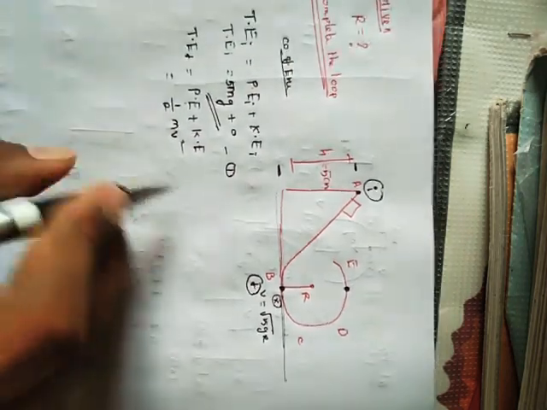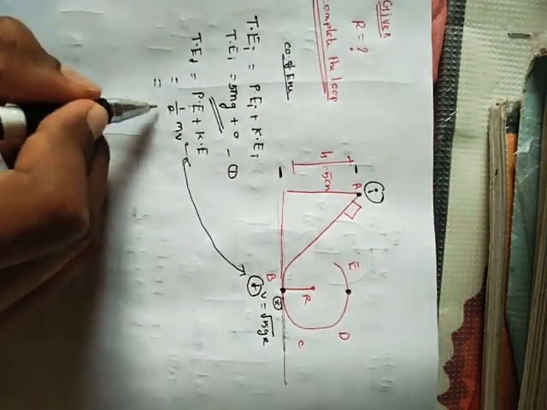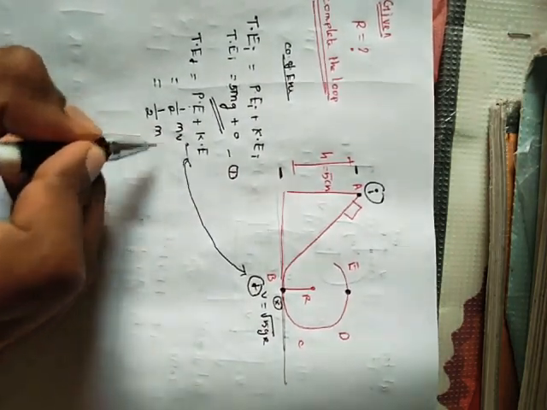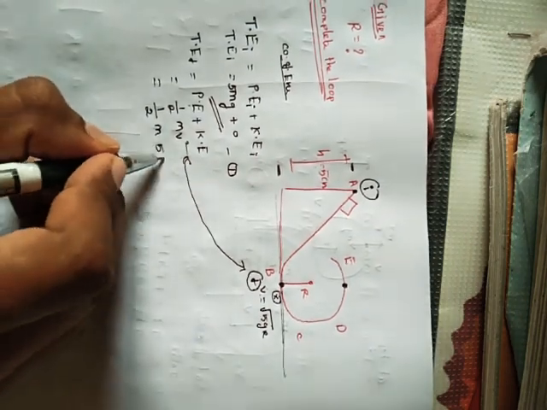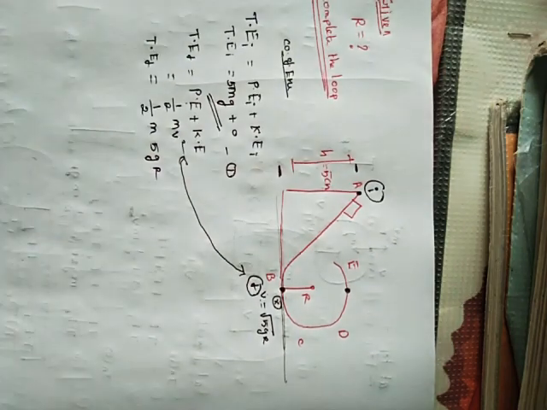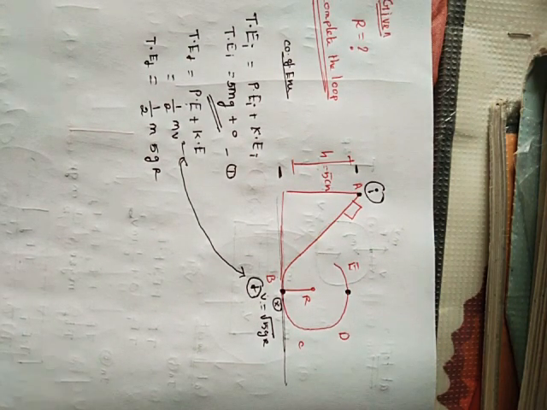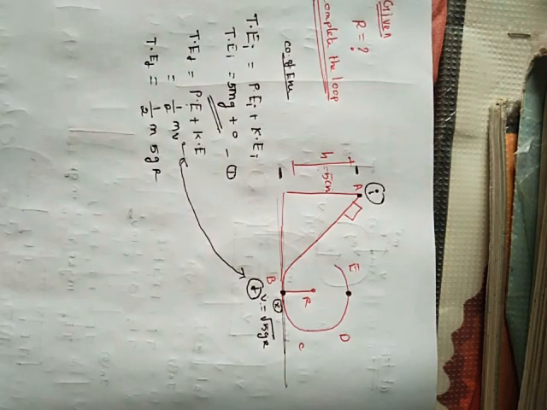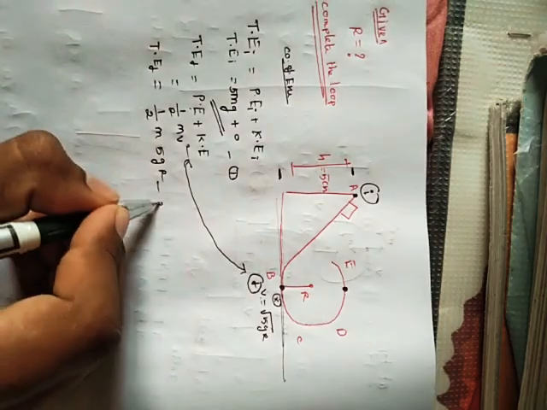We already know the value of velocity, and when squared you get 5gr. We get the total final energy. So I'm going to equate according to conservation of energy: initial total energy equals final total energy, and this is equation 2.